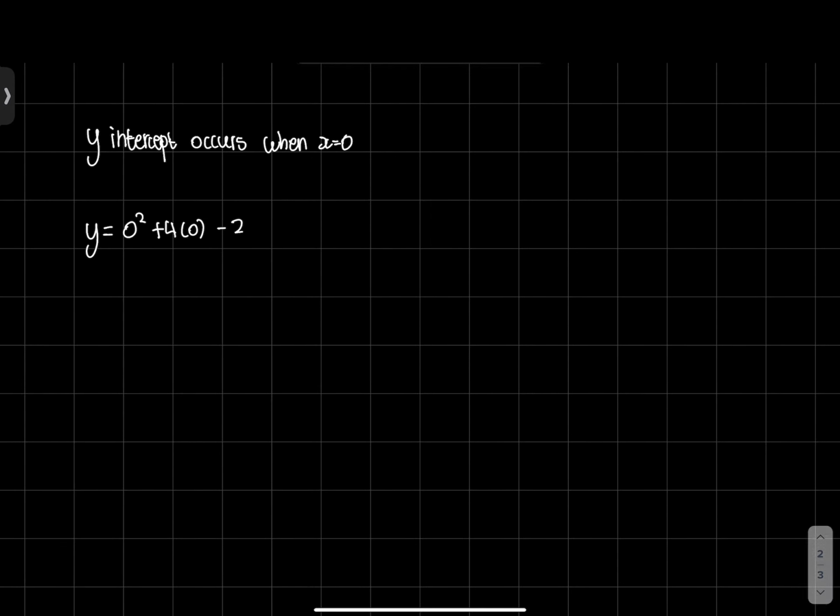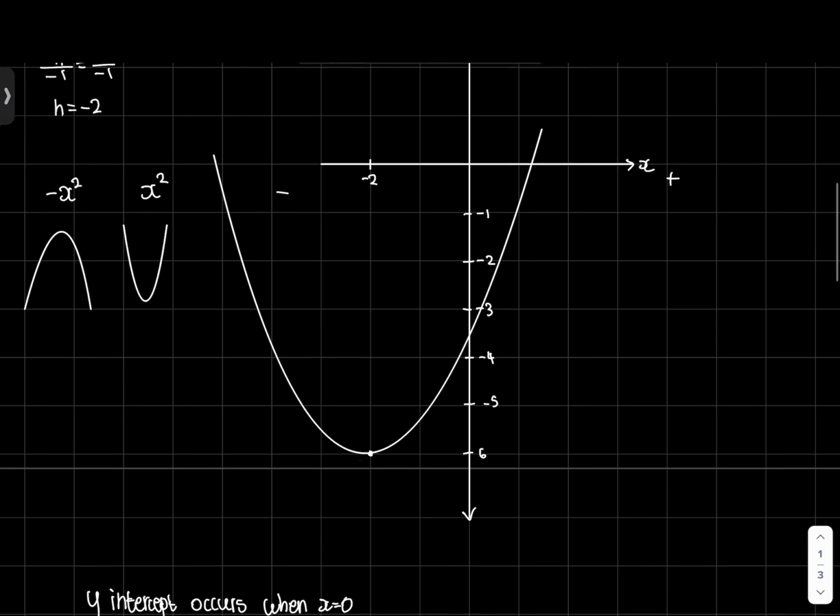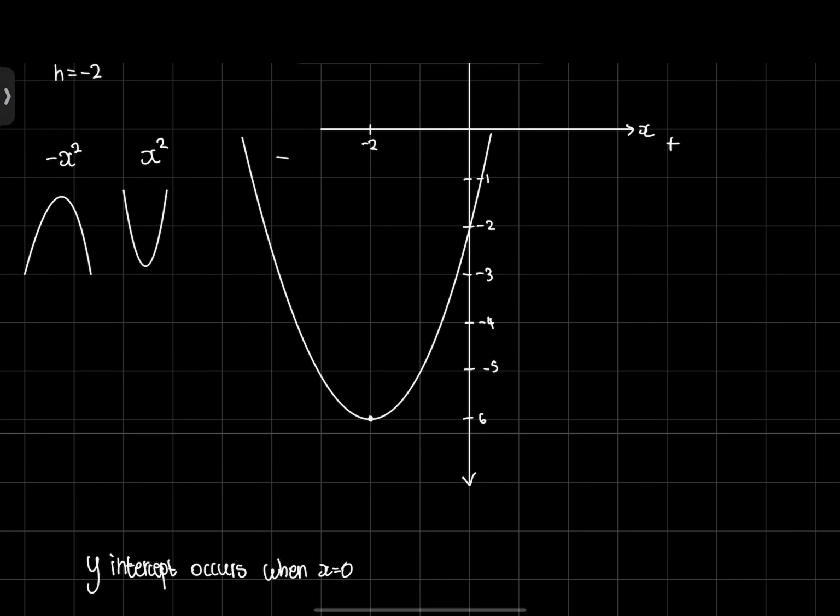Yes, it was. Okay. So then 0 squared plus 4 times 0, this is just going to be 0. Anything times 0 is 0. So your y-intercept is going to be at negative 2. So now we can actually draw it on our graph. Alright, after a few moments of trying, I managed to fit the y-intercept perfectly. So this is kind of what this graph is going to look like.